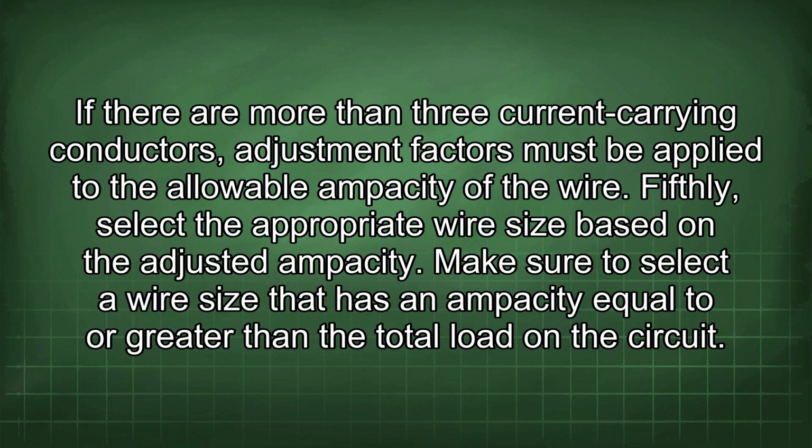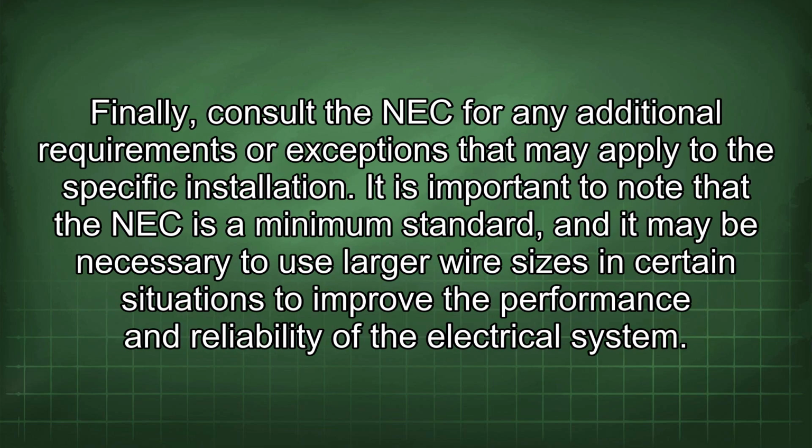If there are more than 3 current carrying conductors, adjustment factors must be applied to the allowable ampacity of the wire. Fifthly, select the appropriate wire size based on the adjusted ampacity. Make sure to select a wire size that has an ampacity equal to or greater than the total load in the circuit. Finally, consult the NEC for any additional requirements or exceptions that may apply to the specific installation.